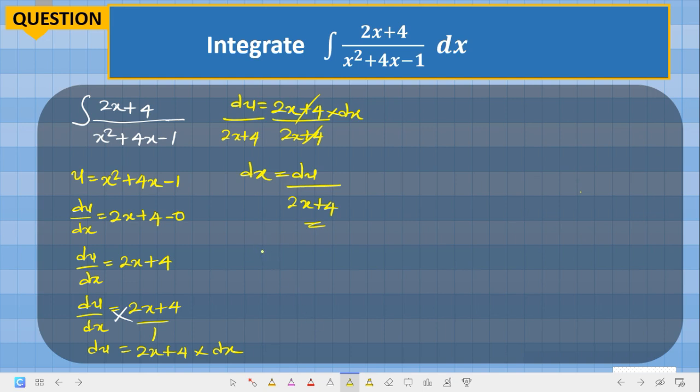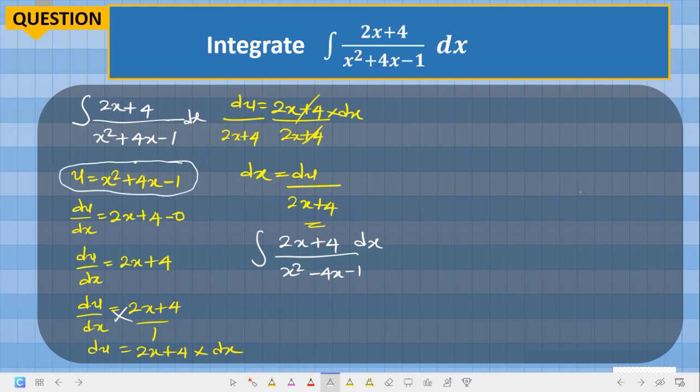Now note that you made a substitution. The substitution you made is, this is 2x plus 4. Of course you know that there is dx here, all over x squared plus 4x minus 1. But you said let u be equal to x squared plus 4x minus 1. So we can come here, erase this, and put u.